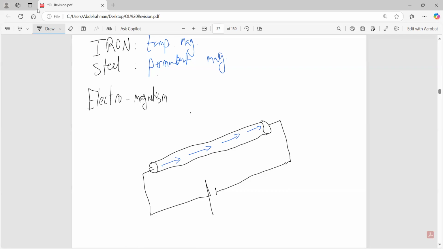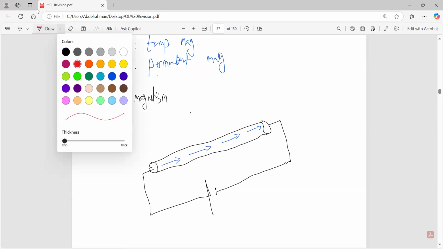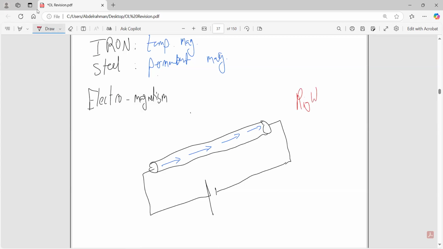It will create a magnetic field around it, in which direction? Use the right hand rule grip, in which your thumb is the direction of the current. The direction of the current is to the right.